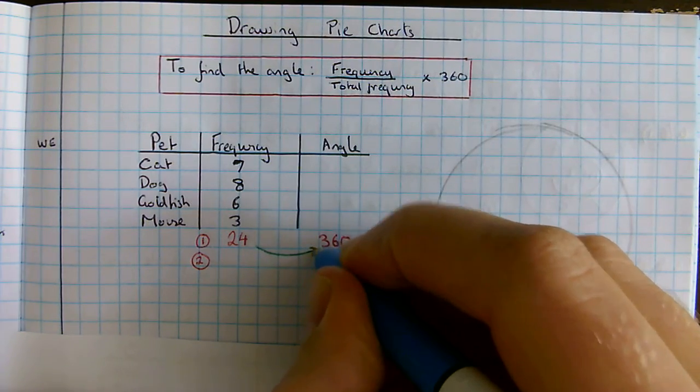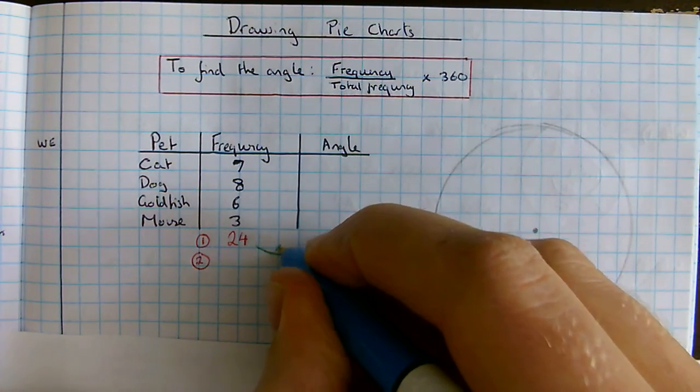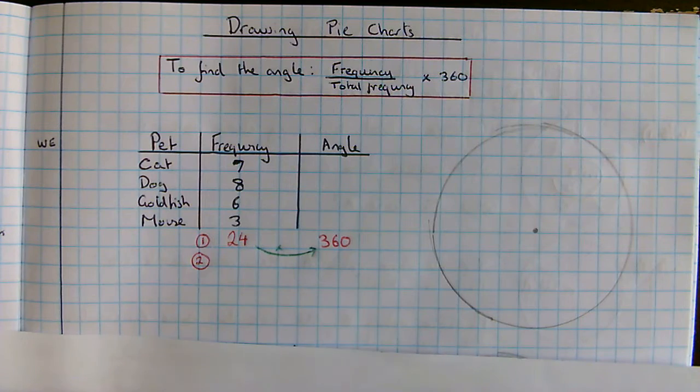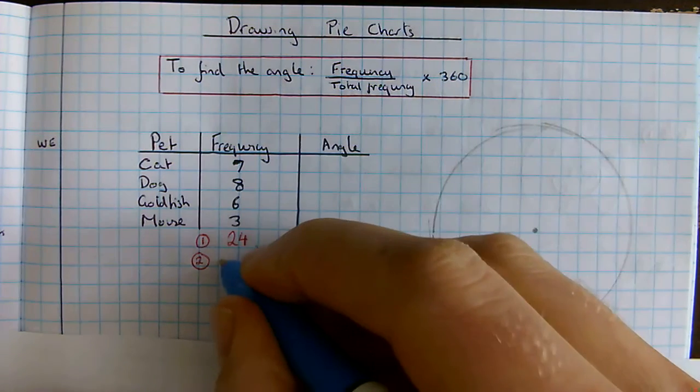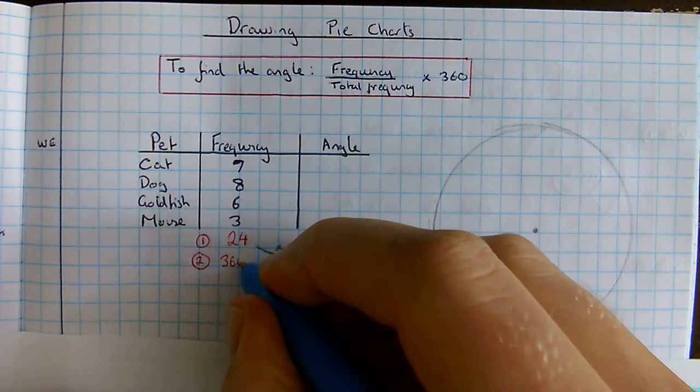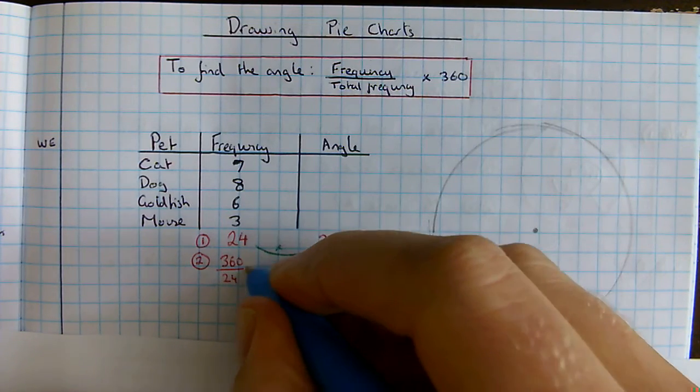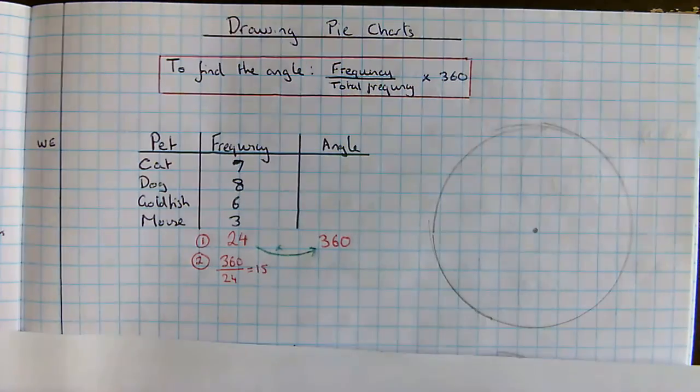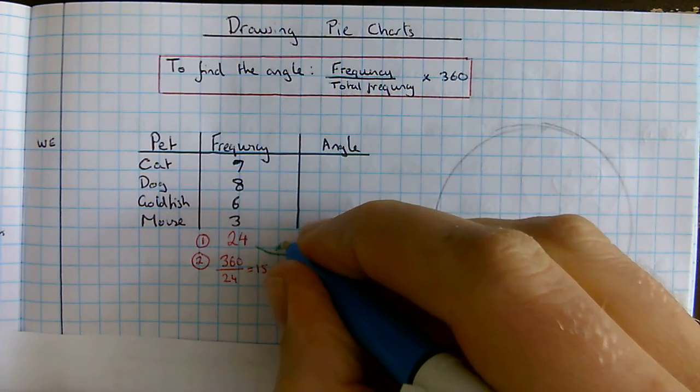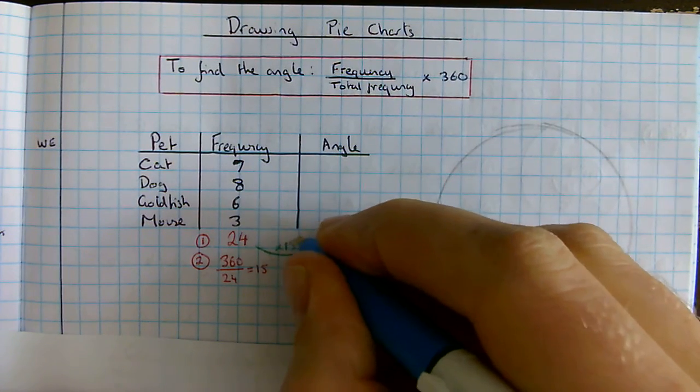Well, I can do that by doing the division. 360 divided by 24 is going to give me 15. 360 over 24 equals 15. So I know that I need to multiply my total by 15 to take me up to 360 degrees.